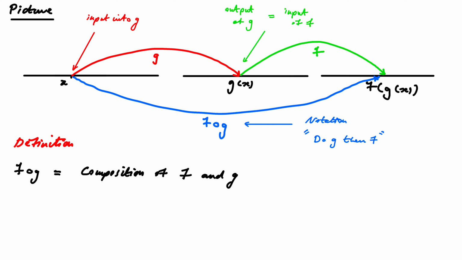And the convention is when you write it like this, g is the first one to happen, followed by f. So when you write f circle g of x, first of all, you do g, but then you feed that into f, like this. So the composite of two functions is this new function which is done by doing the first and then the second, essentially. It's a difficult idea.